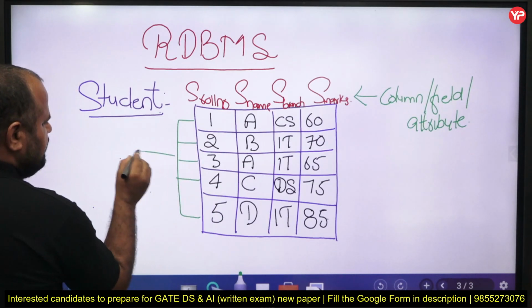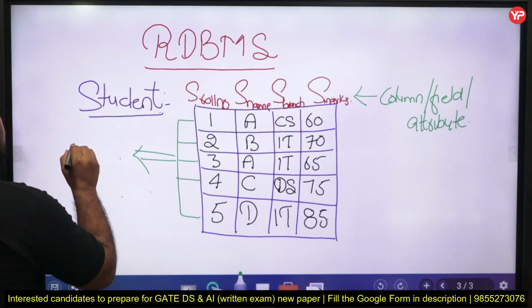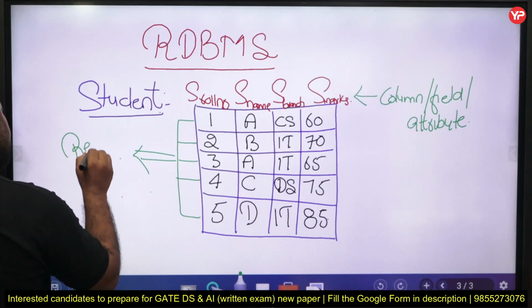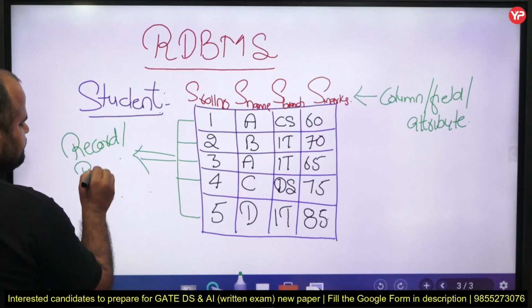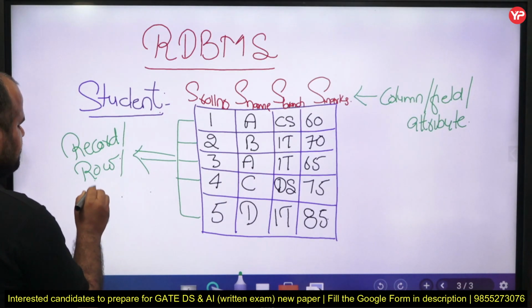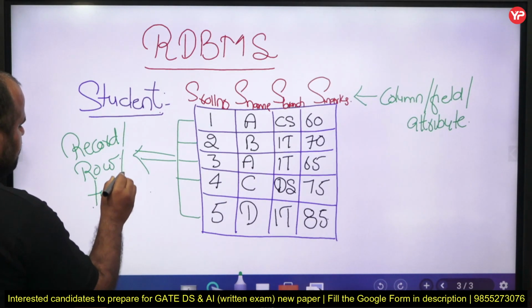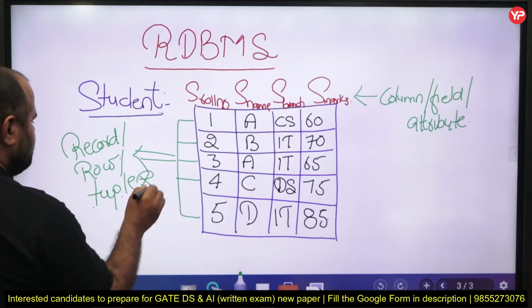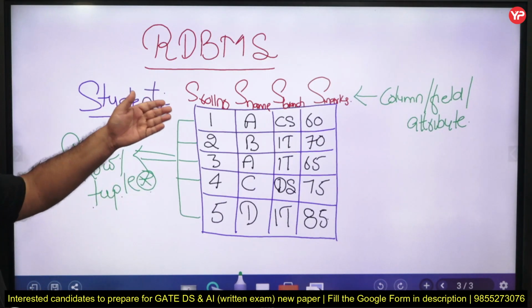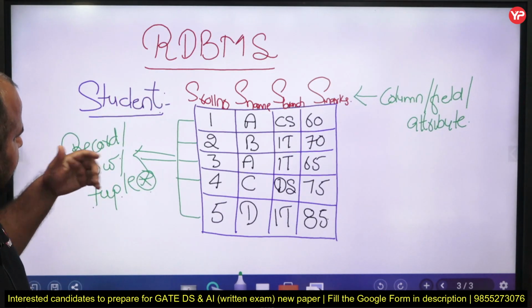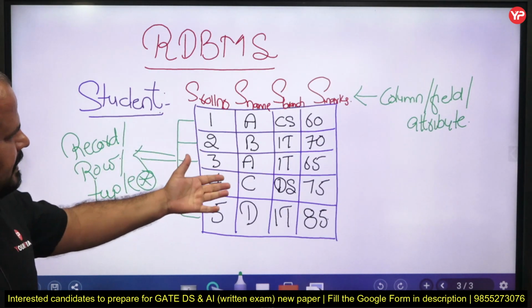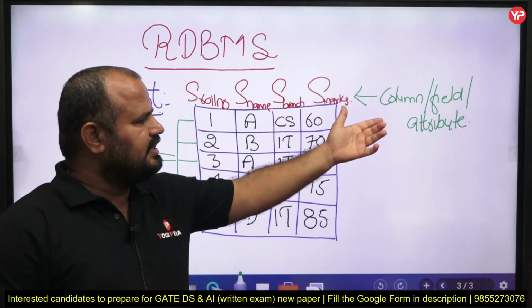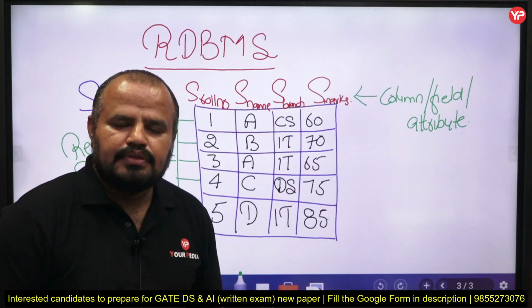These are called rows, records, or tuples, and the most frequently used term is tuple. Keep in mind, tuple is the important one. In this table, we have 5 records, 5 rows or 5 tuples, and 4 columns, fields, or attributes.